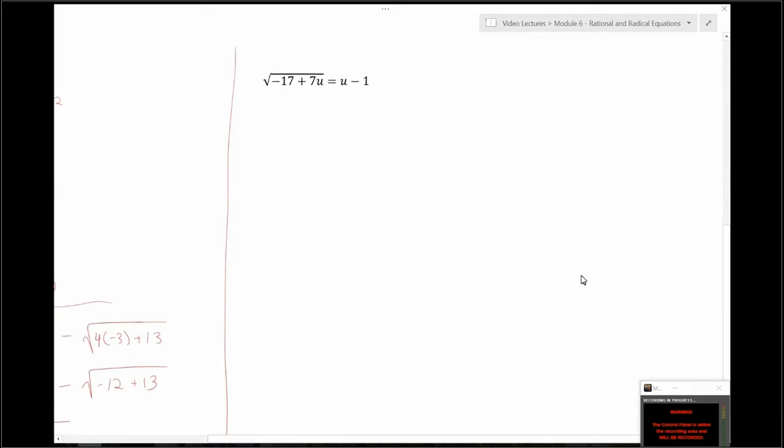In this case, the square root's by itself, so we'll square both sides. And then on this side, we get something a little bit different. We get this u squared minus 2u plus 1. So when we move everything over, we get a quadratic. So we'll have two possible solutions.